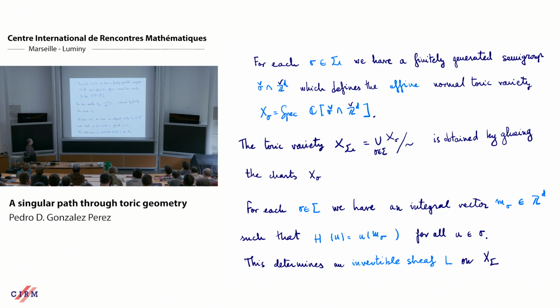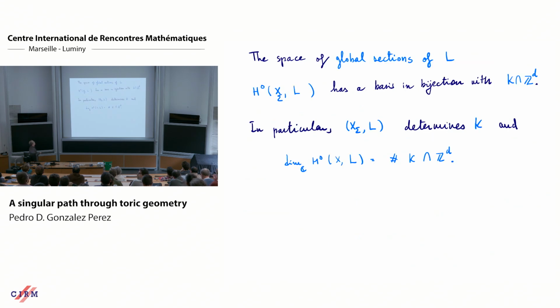And this data determines an invertible sheaf, let's call it L, on X sigma, and the space of global sections of L has a basis which is in bijection with the set of integral points of the polytope.